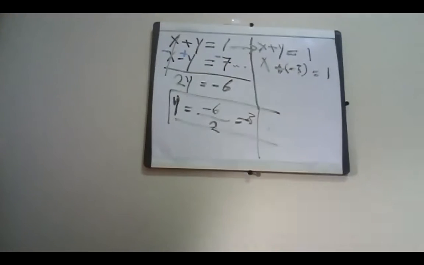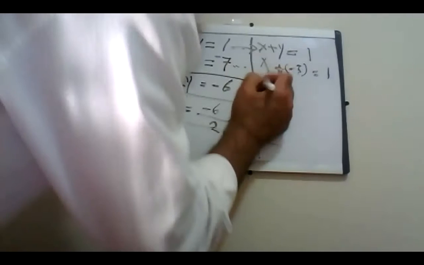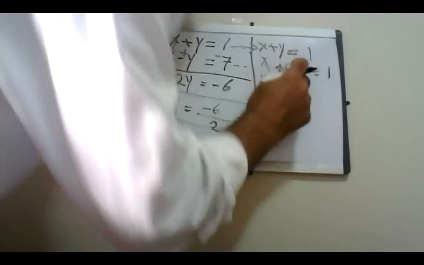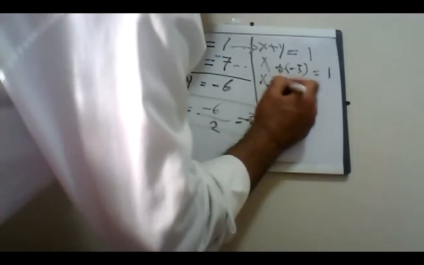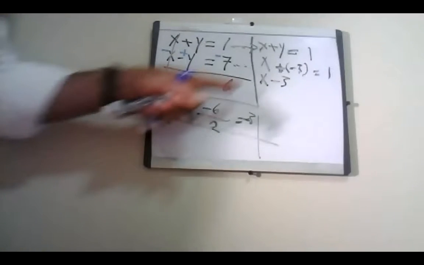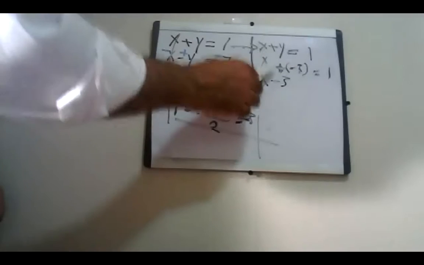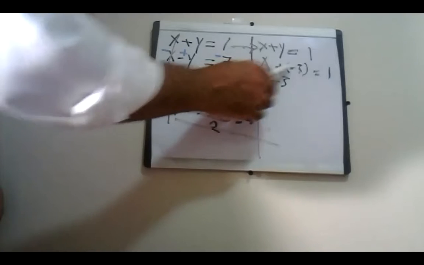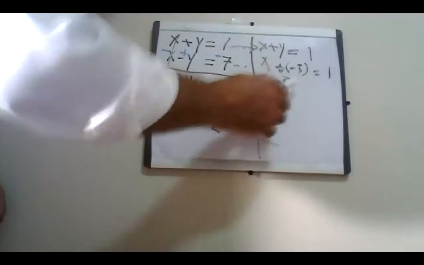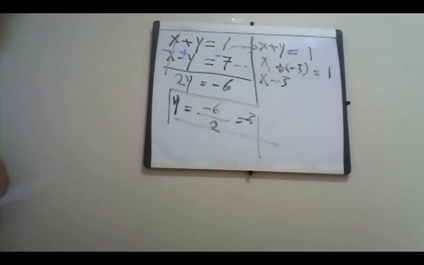That's fine. Okay. Now, x plus by minus will give me minus 3. x minus 3, because I multiply this positive by the negative. It gives me minus 3. x minus 3 equals 1.